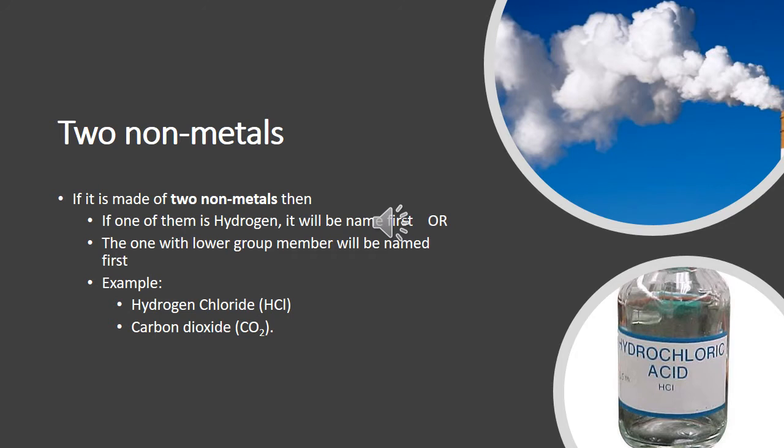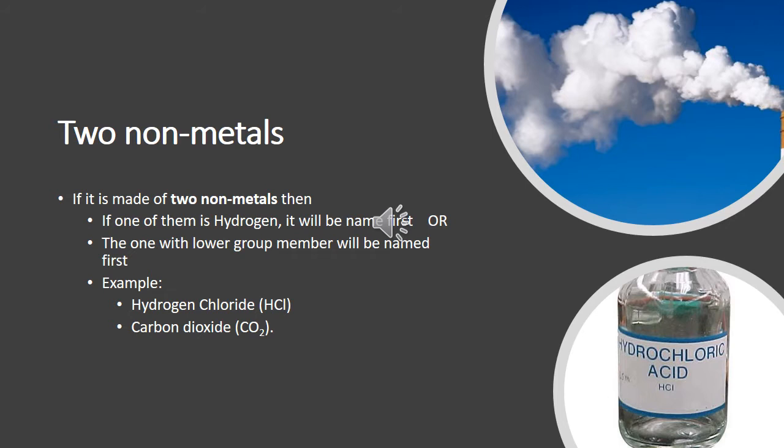Here H is hydrogen, so it should come first. That is why it is named hydrogen chloride, because chlorine is a non-metal and hydrogen is also considered like a metal, because hydrogen forms H plus ions. Thus, when hydrogen is present, it should always be named first.